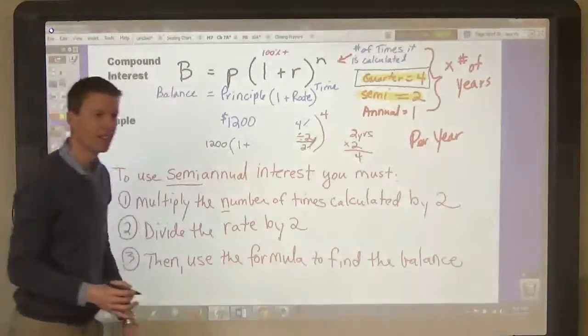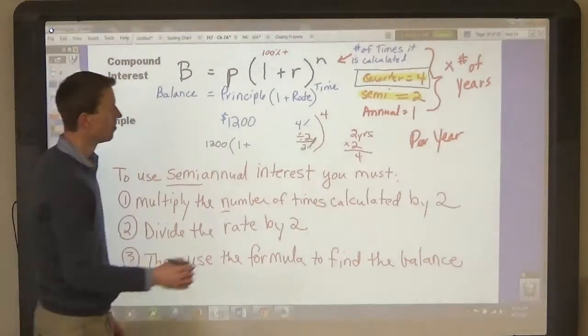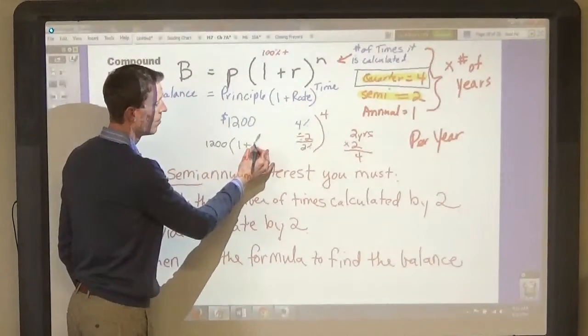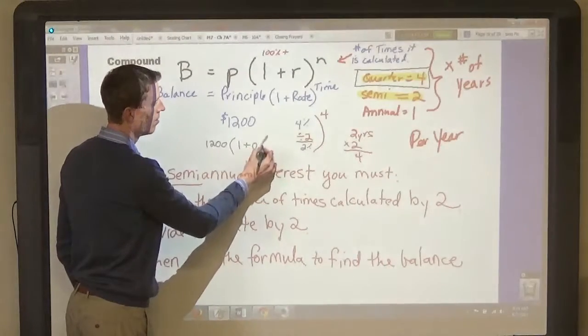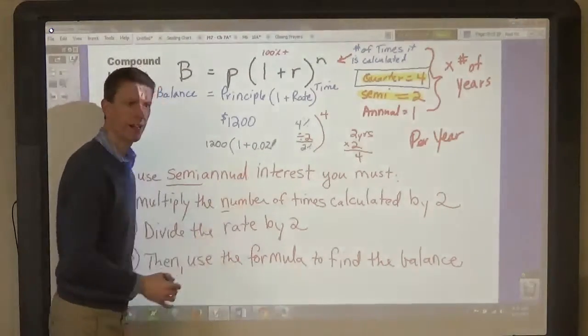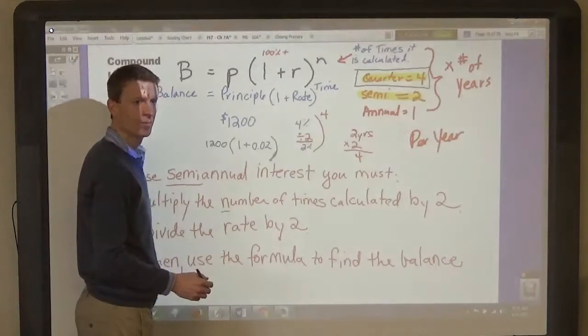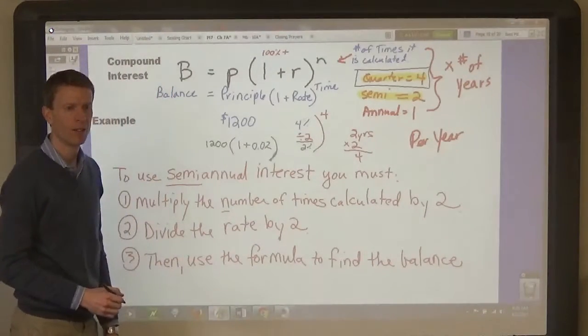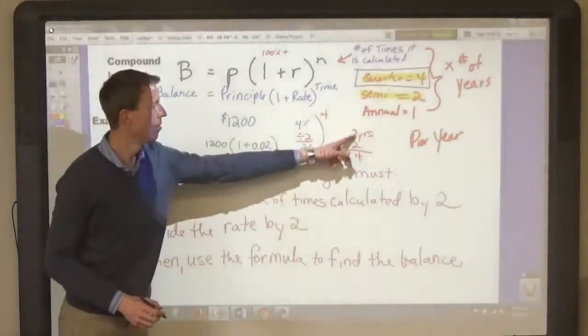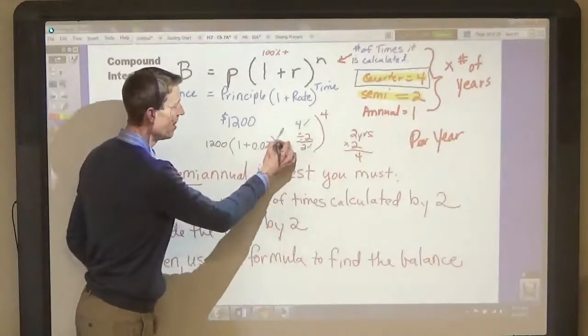Yeah, 2%. Good. So then you have to put that there, 0.02, right? Yeah, and then parentheses, and then you have to add the exponent, which would be 2 times 2. Yeah, 4. So then it would be 4. Good.